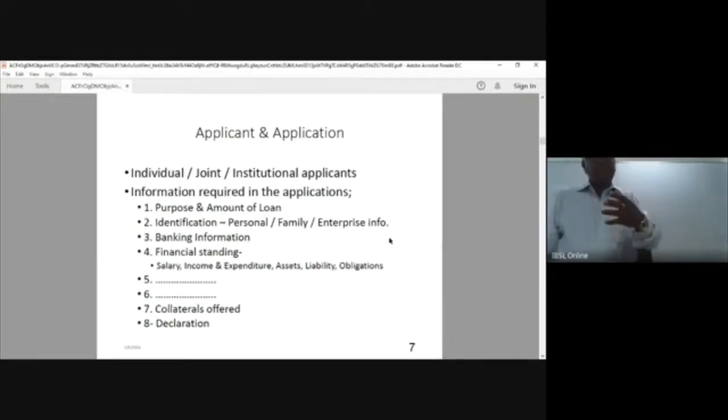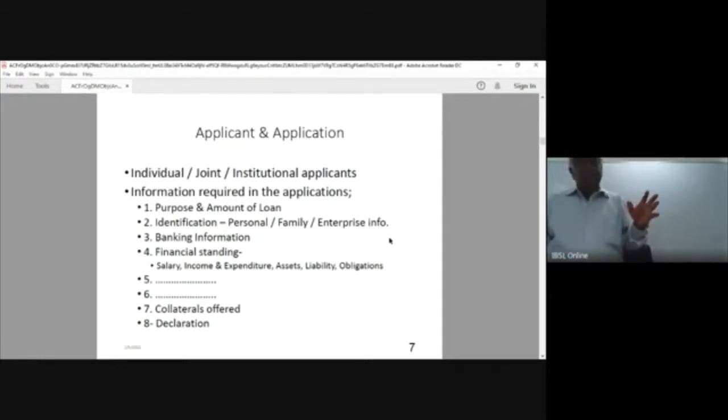And for each type of applicant, there are different application forms. You can see in your own bank or own institution, for individuals and joint applicants and institutional applicants, there are different types of application forms.